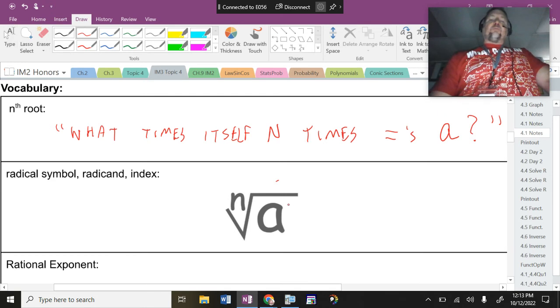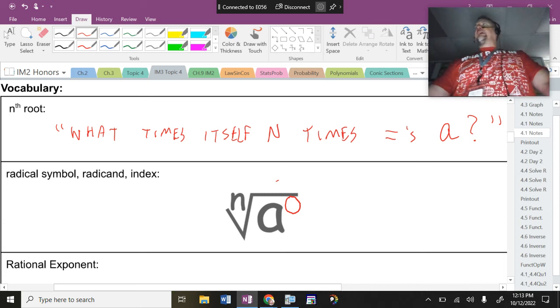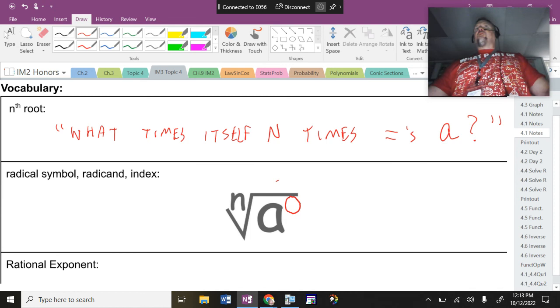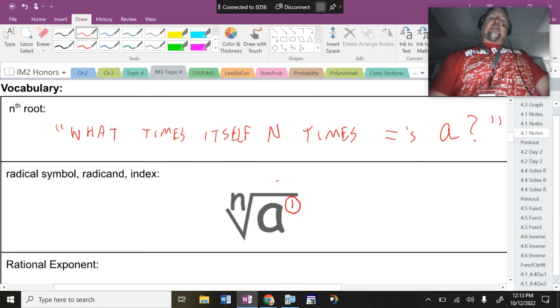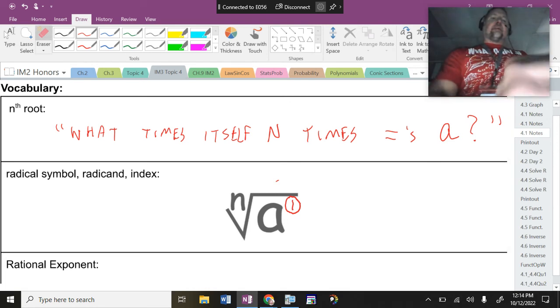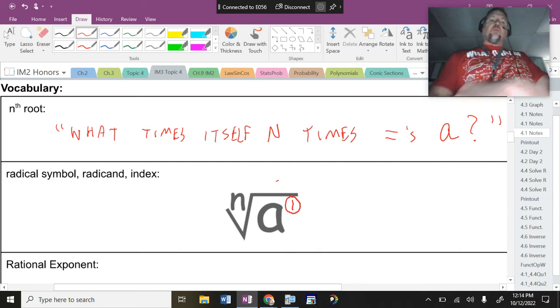And then I really should make this a little bit better, but I'm going to write this as, okay, I'm going to ask this question. In that blank right there, what really is that power on a? What is that power on a? It's invisible. 3, 2, 1, go. It is 1. My first hour said a lot of people 0. What is anything to the 0 power? 3, 2, 1, go. It's not 0.